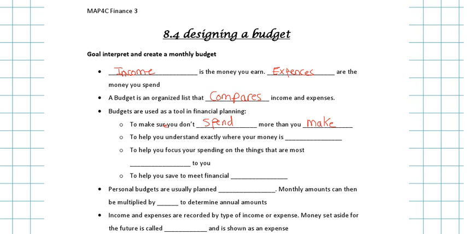Where are you spending most of your money on, and if you're spending more than your income, how can you save to make sure that you don't do that? And as well as to help you focus your spending on the things that are most important to you.